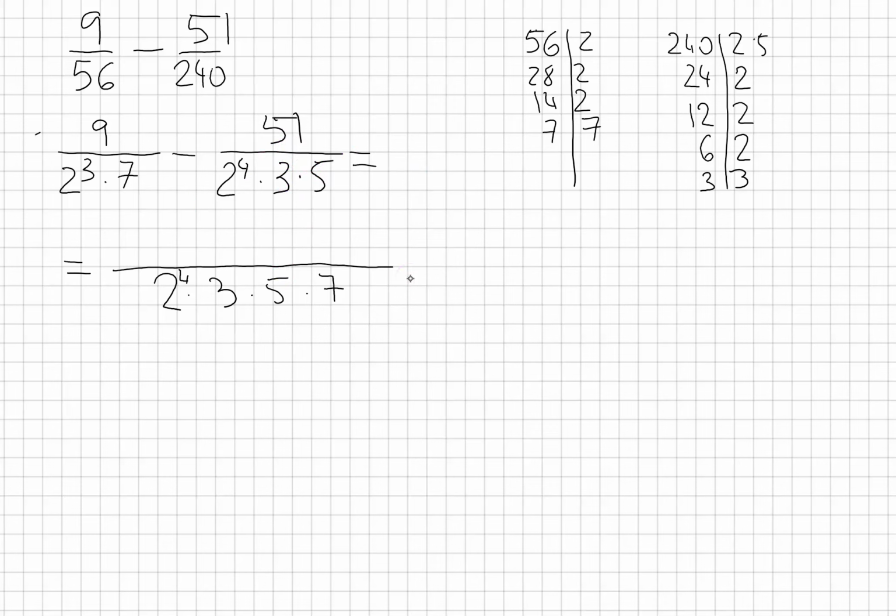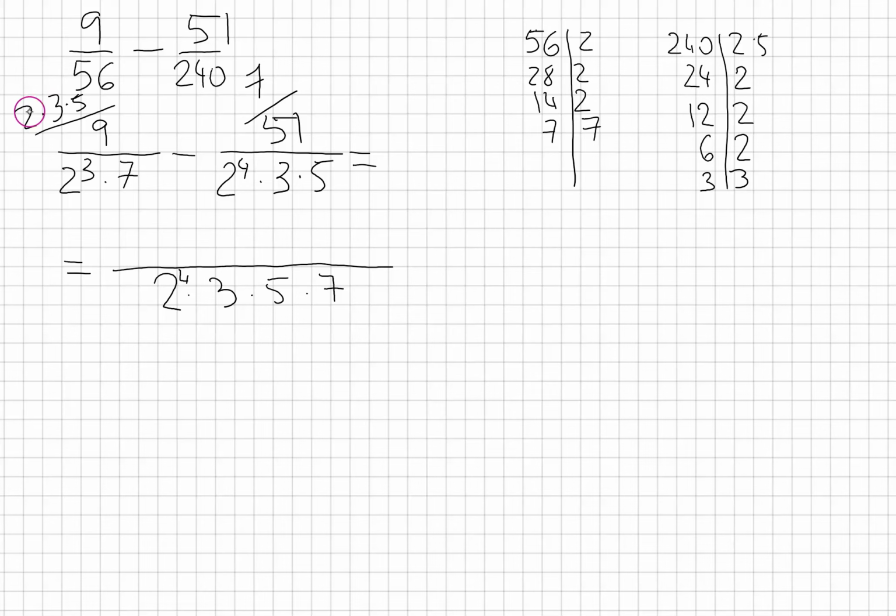What do I multiply this by? So what's left at home? I took only 3 2s, so I need 1 2. I need a 3 and a 5. Here, I took all of the 2s, all of the 3s, all of the 5s, I need 1 7.